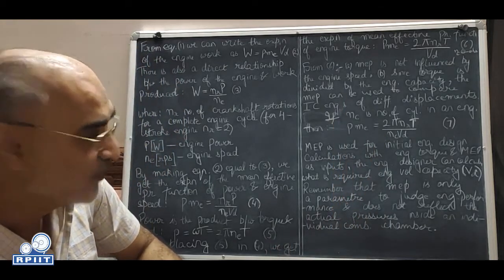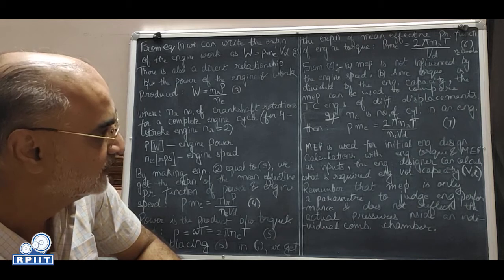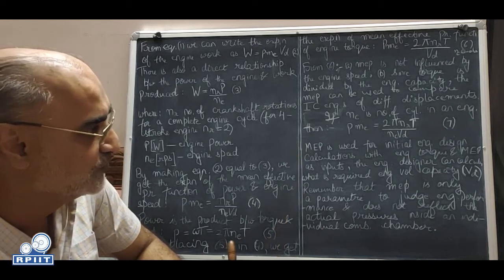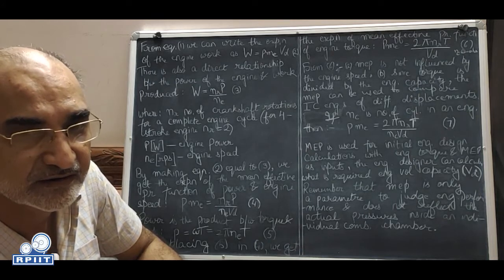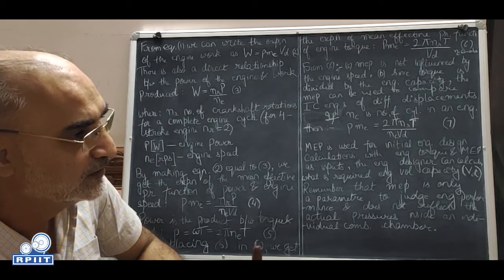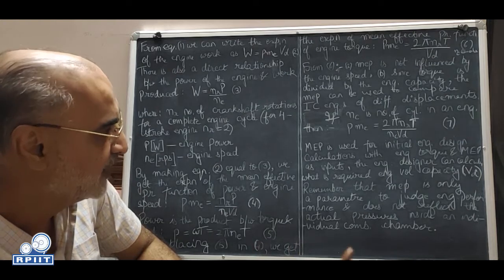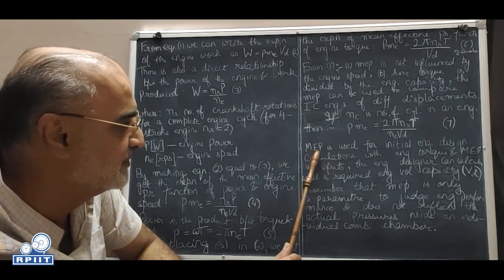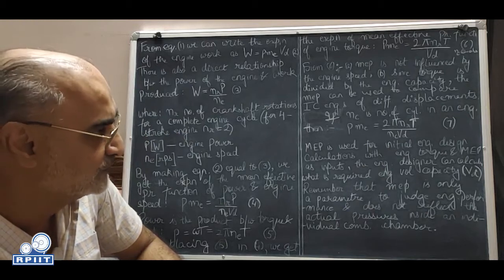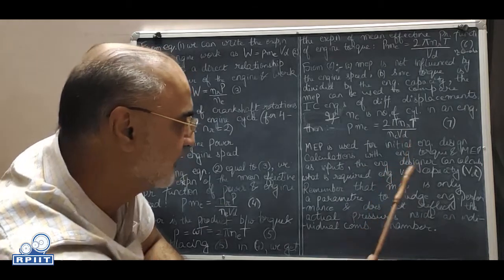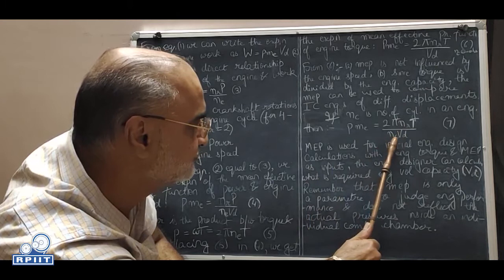So what is this expression used for? MEP is used for initial engine design. When the engine designer designs the engine, this mean effective pressure is used for engine design calculations, with engine torque and MEP as inputs.